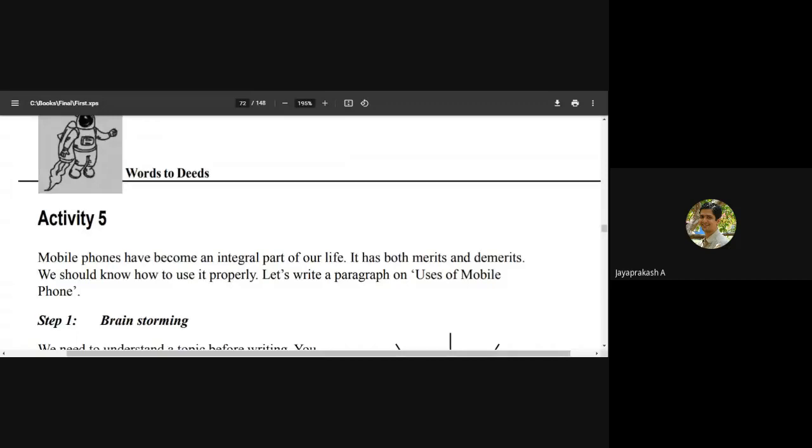That is what here is referred to as brainstorming. That is the first step. Storm means a strong wind. So when you create a storm in your brain, what does it mean? We are trying to bring out the ideas that are hidden inside the crevices of our brain.